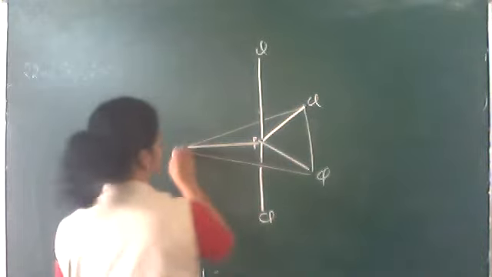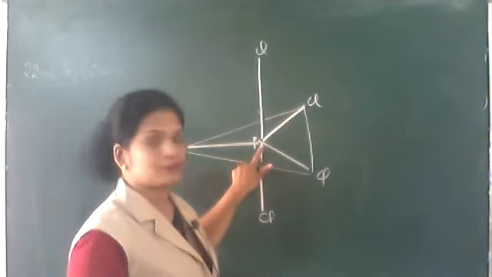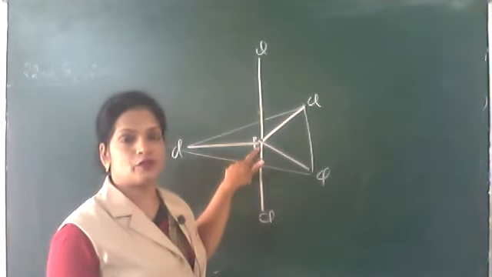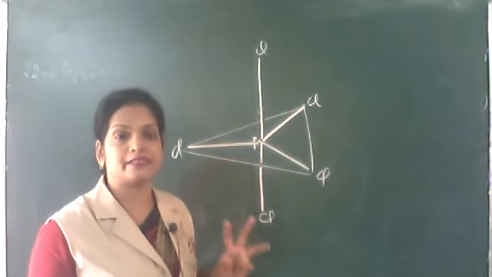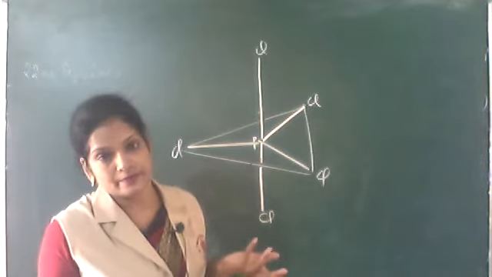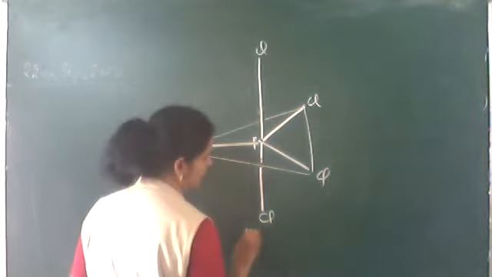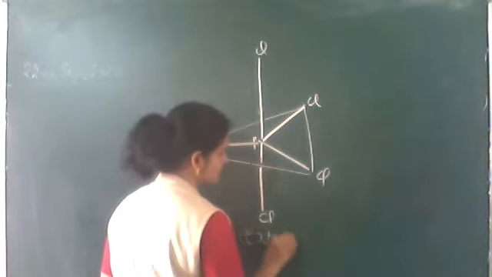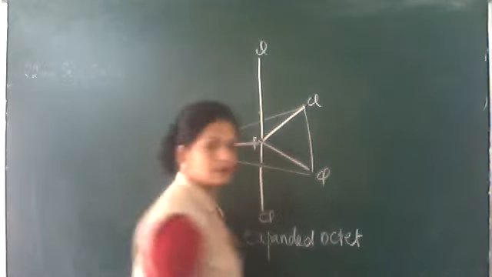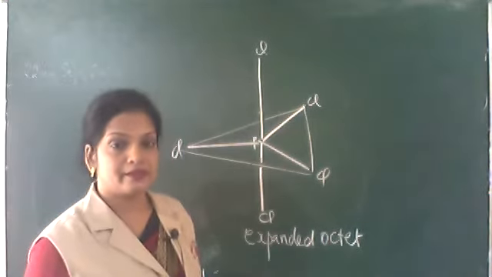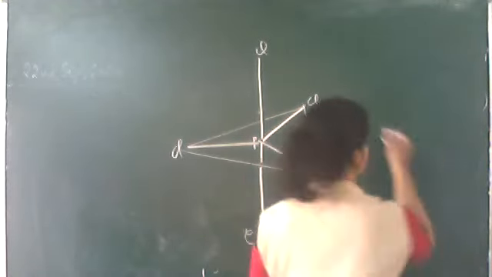The central atom is phosphorus. Around phosphorus, you can see 5 bonds. 5 bonds means 10 electrons, more than 8. It is called an expanded octet. Similar is the case with SF6 and H2SO4.